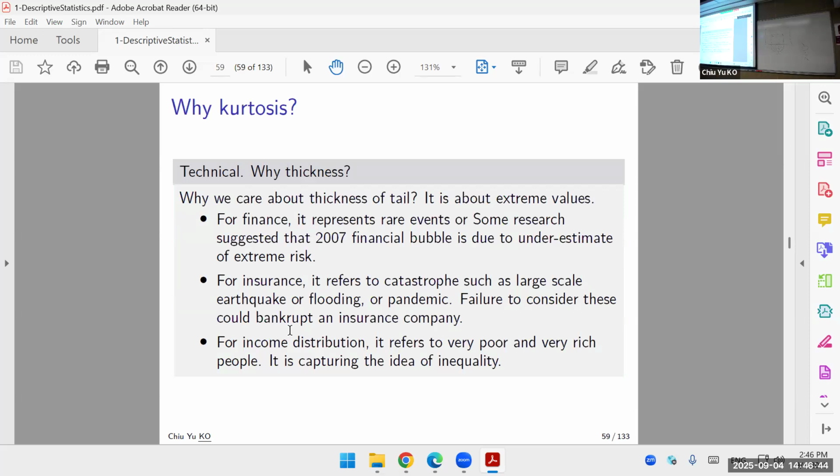Also, some of you know I was an actuarial science major 10 years ago. The insurance thing, we care, right? Because when flooding happens, it affects everyone there badly, so every house has to pay. So for insurance companies, they do care about kurtosis a lot. So that's all the calculation there.